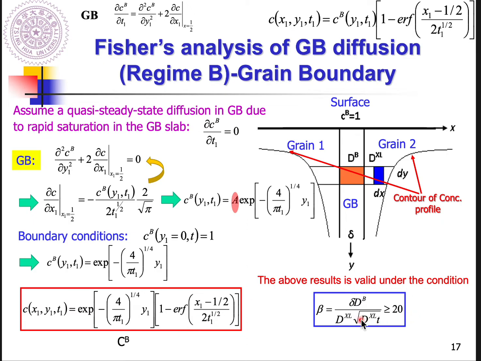And if you check your textbook, actually it de-emphasizes one criterion for using these results. From the previous slide, the criterion would be that dB must be larger than dxl or something like that. But in order to quantitatively tell you in what kind of situation we can use these results, the textbook gives you this kind of relationship.